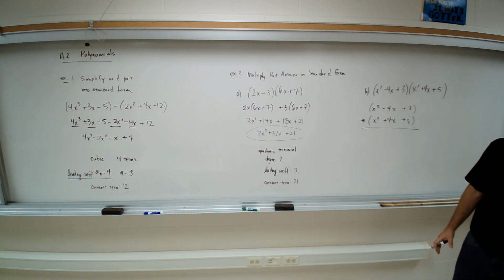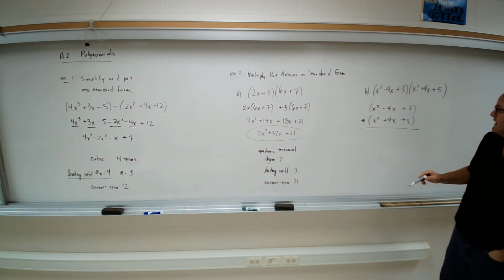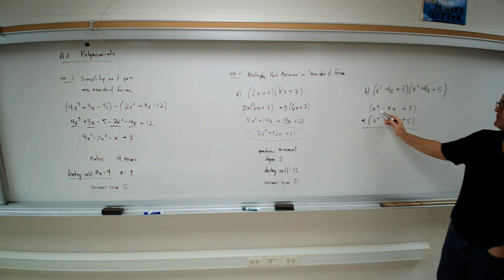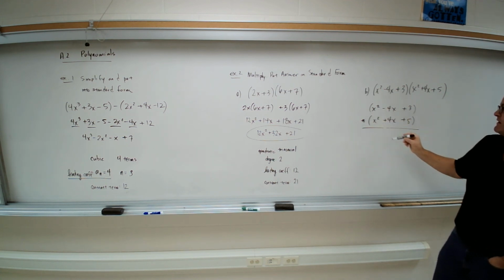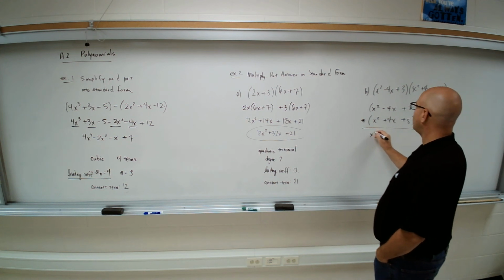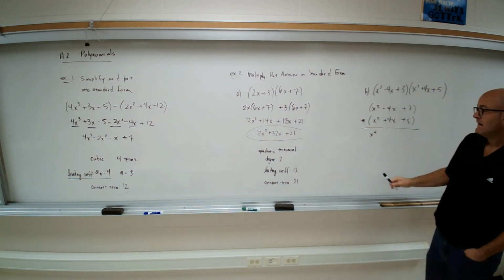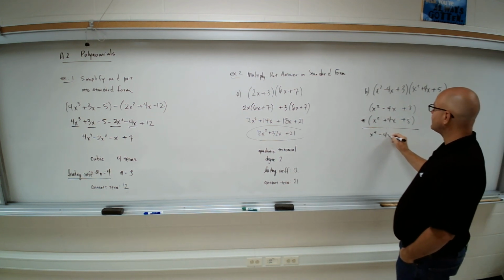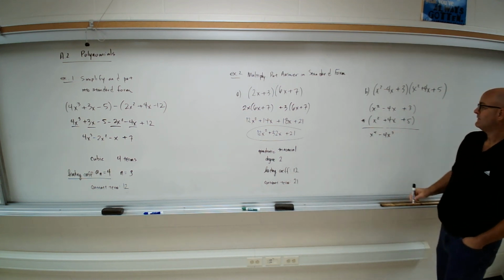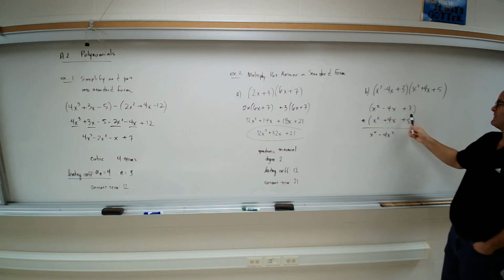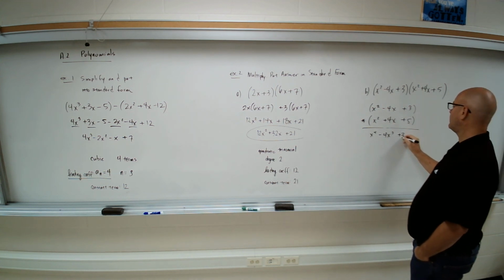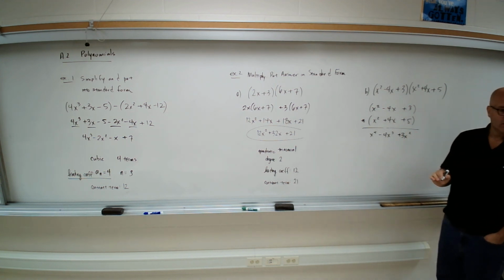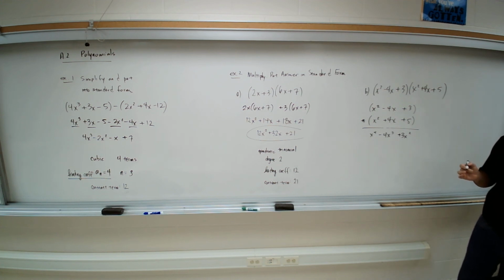So first, let's take this x squared and multiply it by each piece at the top. x squared times x squared is x to the 4th. And then x squared times negative 4x is negative 4x cubed. And then x squared times 3 is plus 3x squared. Seem believable so far?